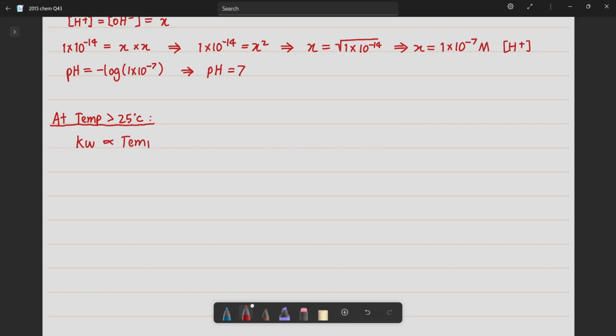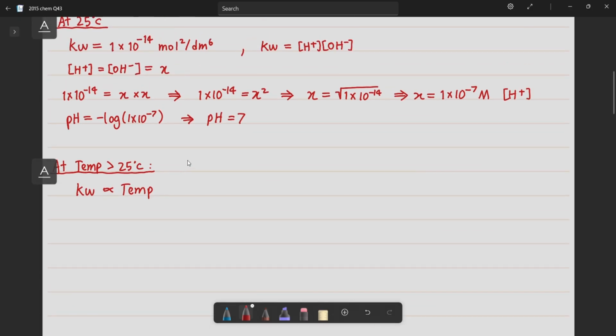So as the temperature increases, the Kw value will also increase. Hence the initial value of Kw, which was 1 times 10 to power negative 14, will approximately, above 25 degrees Celsius, increase. The Kw value increases, so let's say this increases to 10 raised to negative 13. The unit is going to remain the same.